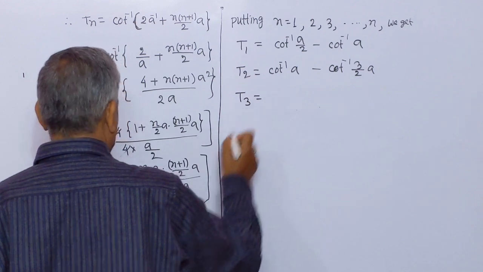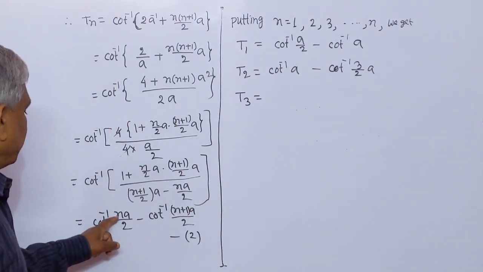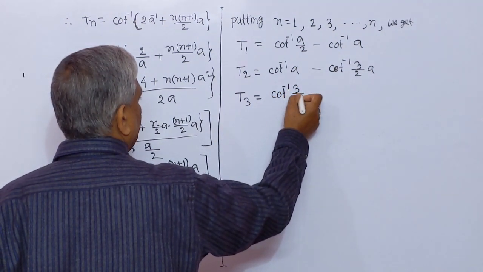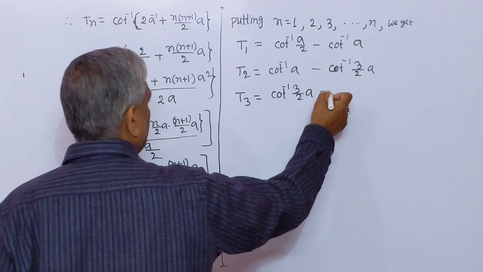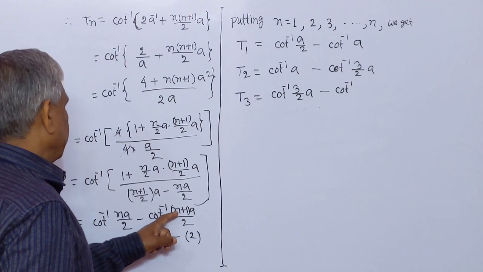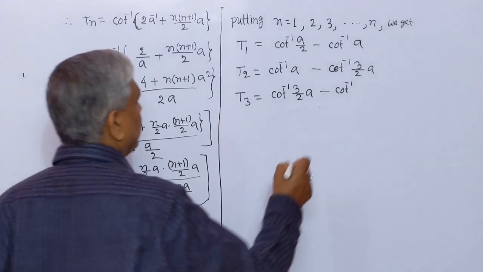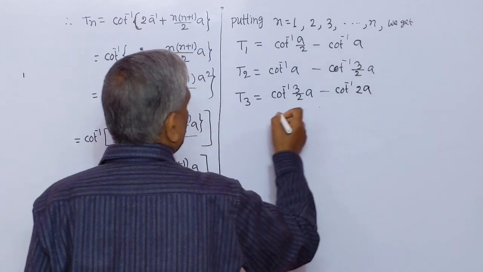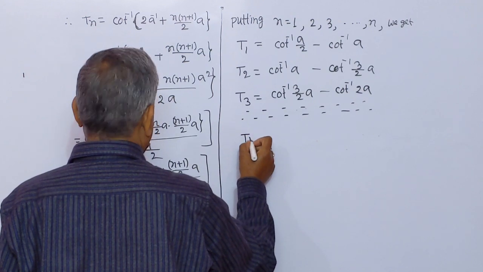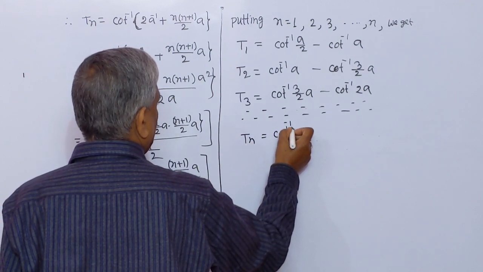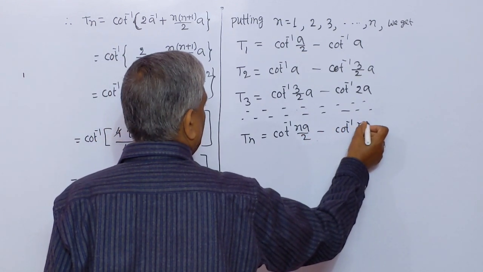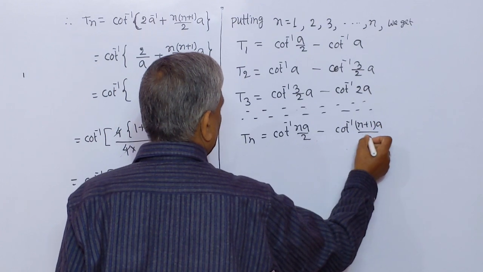T3 equal to cot inverse 3 by 2a minus cot inverse 2a, and dot. Tn equal to cot inverse n a by 2 minus cot inverse (n plus 1) a by 2.